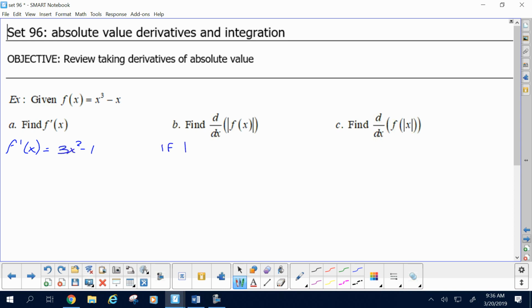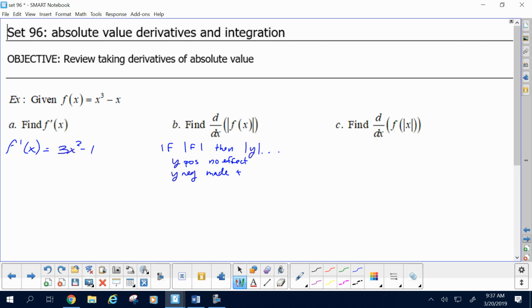If the absolute value is around the f, then the absolute value is around y, and therefore the concepts at hand are when y is positive, there is no effect. But when y is negative, they get made positive, yeah?